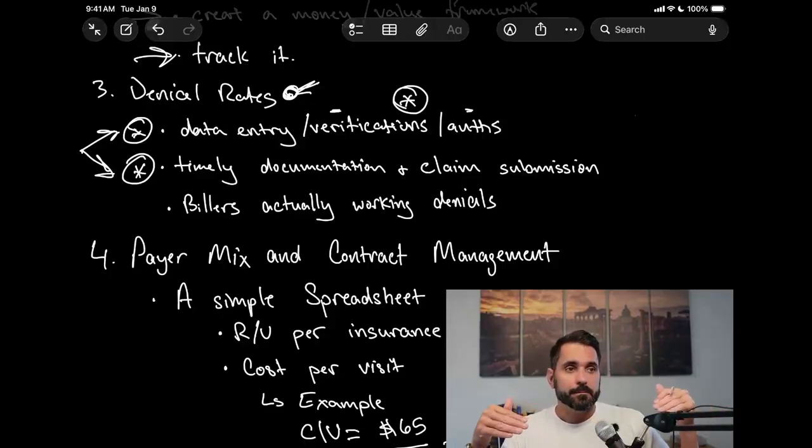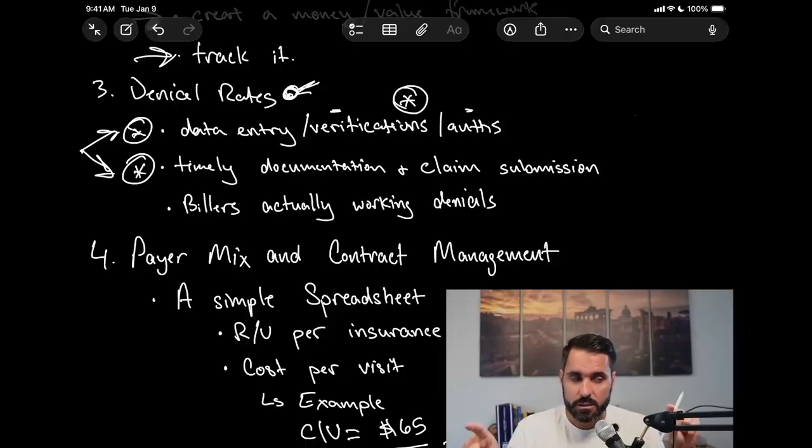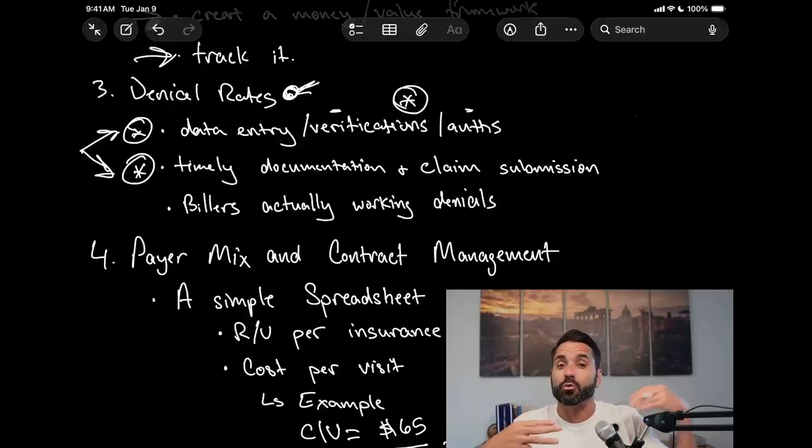And if we don't have good systems in place or processes to ensure that verifications are done accurately, that data is being accurately put into the EMR from the front desk, that any codes that are not approved by that insurance type are being removed from the EMR for that visit, that the authorizations are being tracked accurately and they're within the visit limit and time duration, and we've got approved authorization.